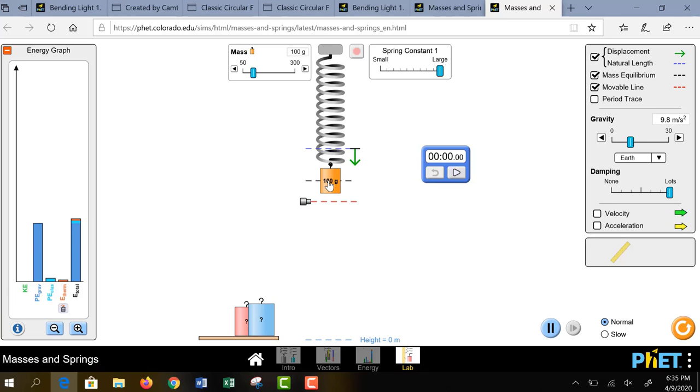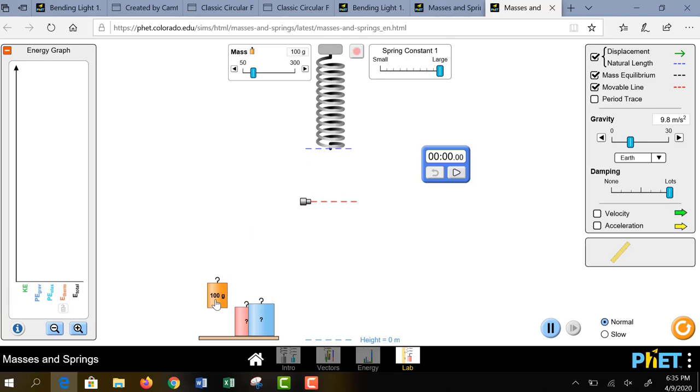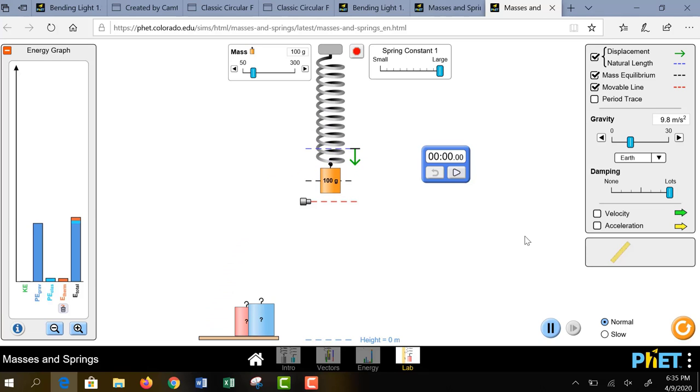So let me take the mass and remove it. To remove it, you just hover over it, left clicking and moving the mass off to the left. So you can see this is the natural length of the spring, and if I put this here and let it go, because I have some damping on, now it's been displaced, and it's moved this much from here down to here.